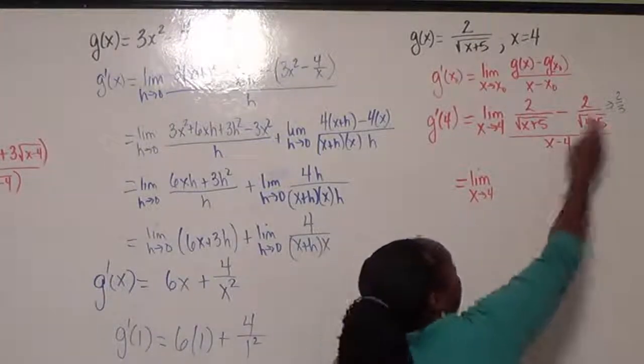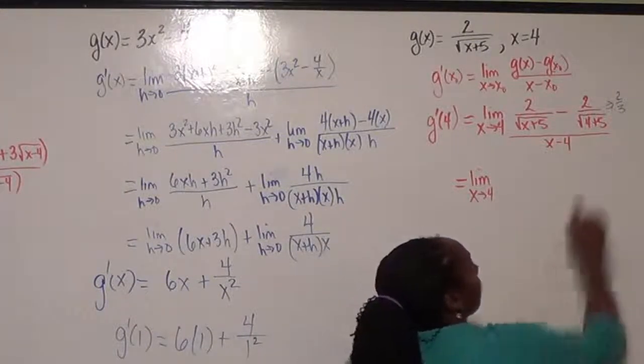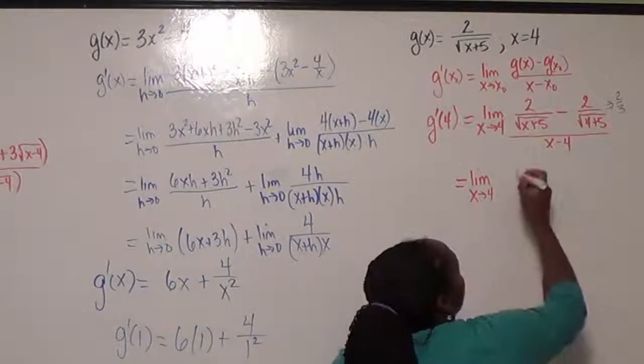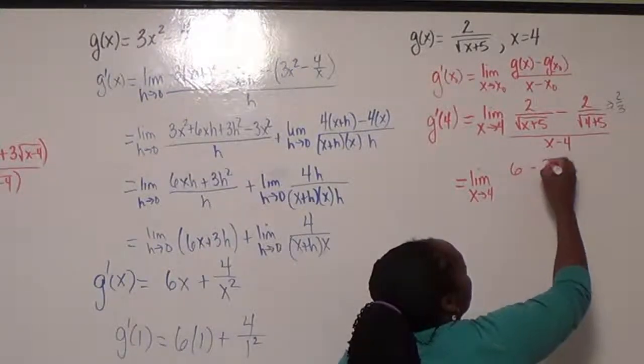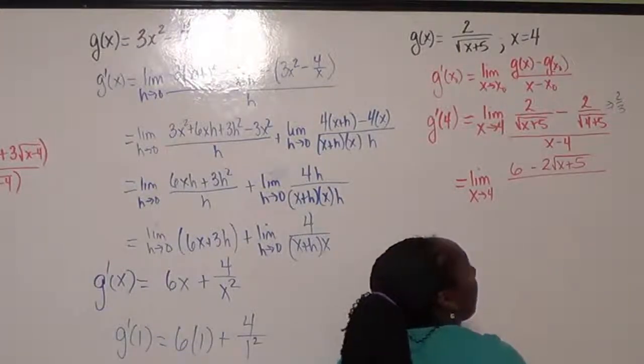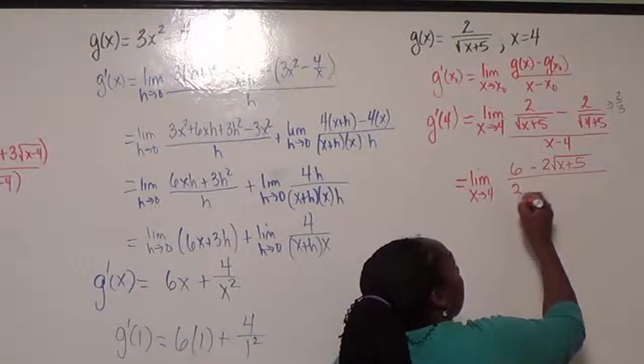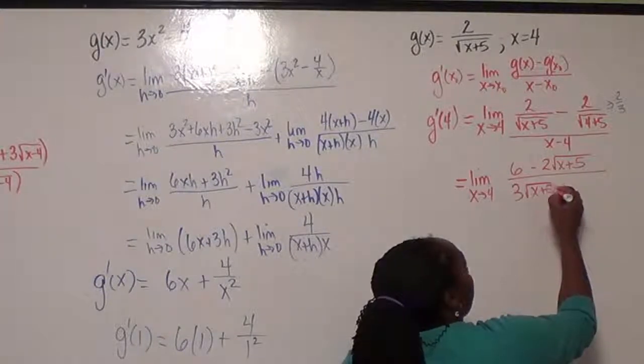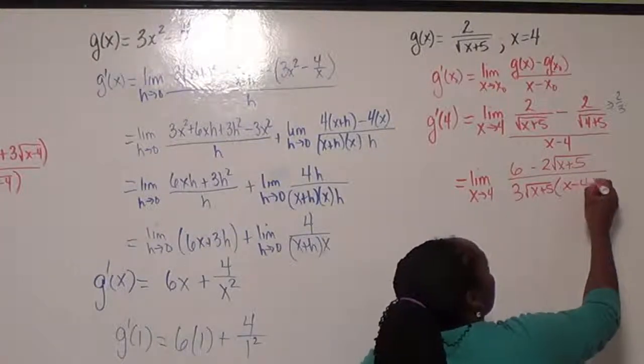So again, to rewrite, I need to get a common denominator, which is going to be 3 times that root. So we'll have a 6 minus 2 square roots of x plus 5, cross multiplying to get that common denominator: 3 square roots of x plus 5 times the x minus 4.